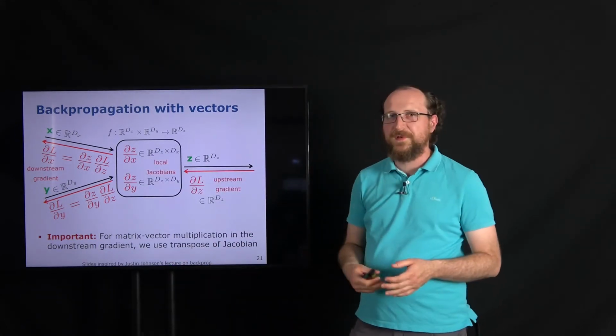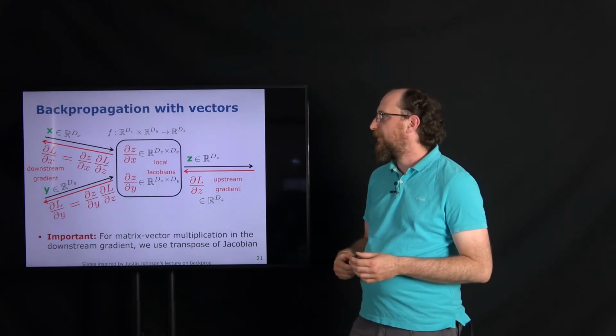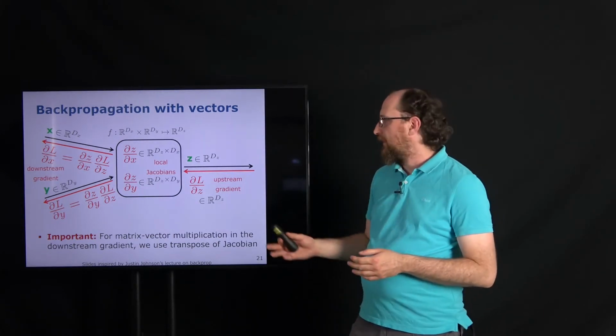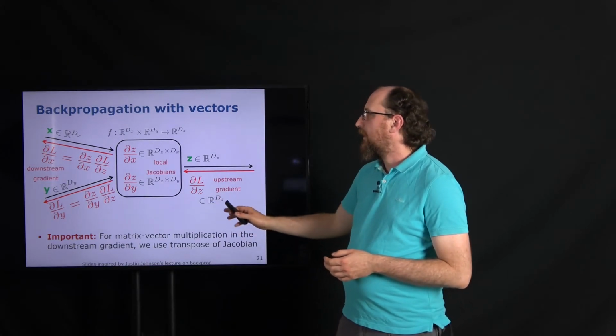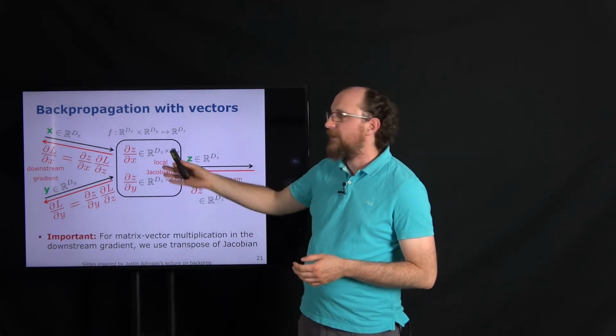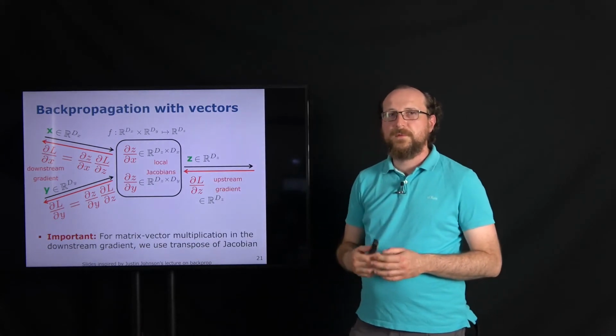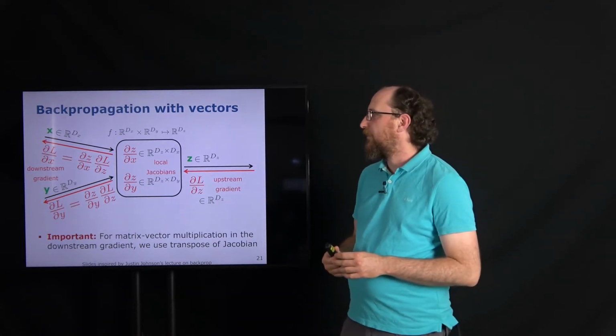So this is just a design decision in the end. Because we said that the gradient vectors are column vectors, we have to use the transpose of the Jacobian to get a proper matrix vector product.